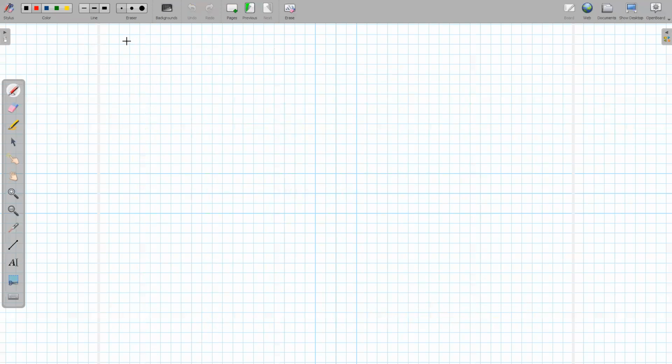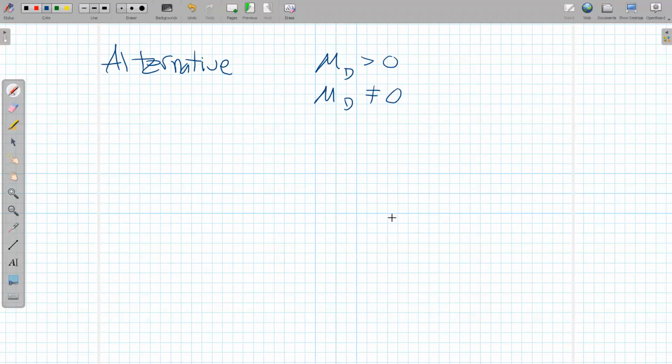Our alternative could either be that the difference should be greater than 0, or that the difference is just not 0. It just doesn't matter. Could be more, could be less, I don't know.